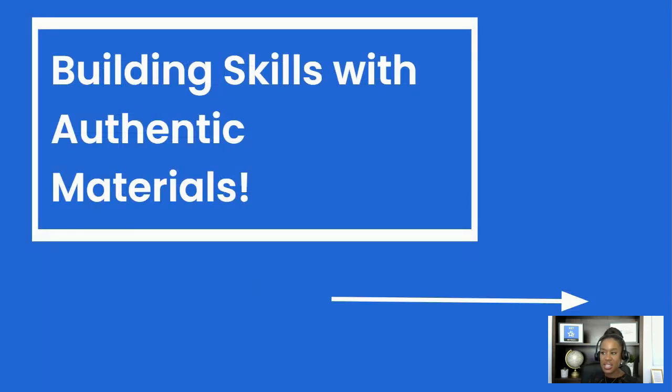Something to bear in mind is that as you prepare for OET, there of course are sample materials that you can get online, in books, etc. But nothing beats building your skills using authentic materials to keep you engaged, to help you feel the relevance of building this skill, and to expose yourself to an infinite amount of words and phrases that are used in the field.